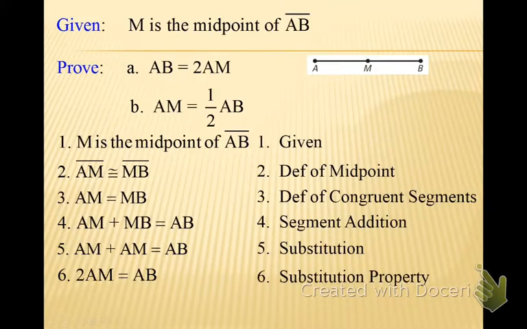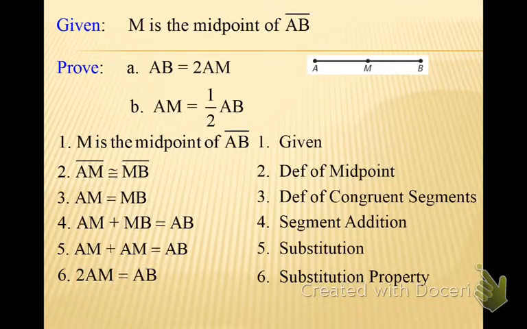This is called the substitution property, because basically you're substituting 2AM in for AM plus AM. As a geometric property, that's what you need to use, the substitution property. It's a little weird, where in the algebraic world, we were just simplifying or combining like terms. Here in geometry, we use the substitution property to substitute 2AM in for AM plus AM. Just keep that in mind going forward.